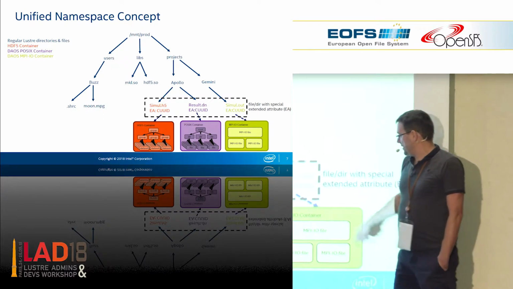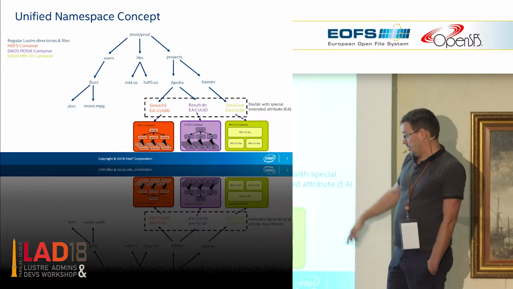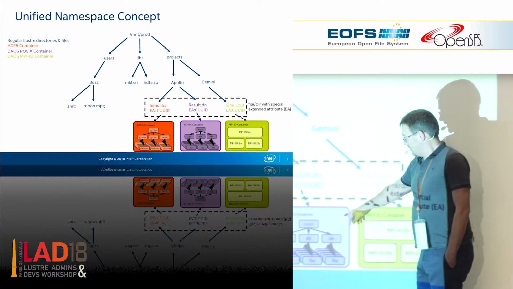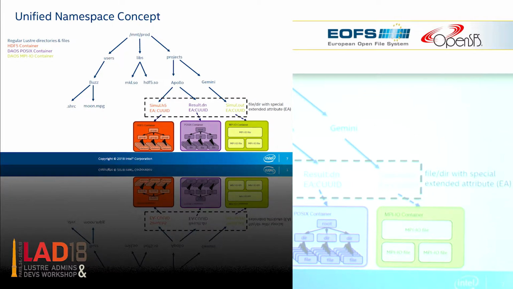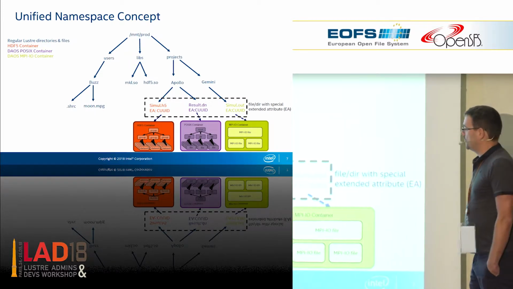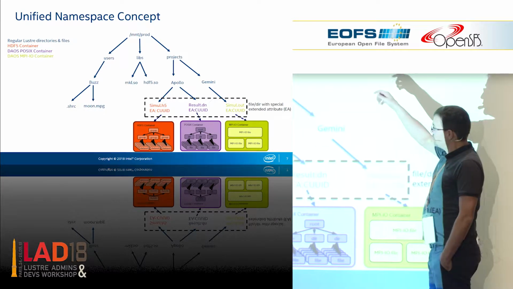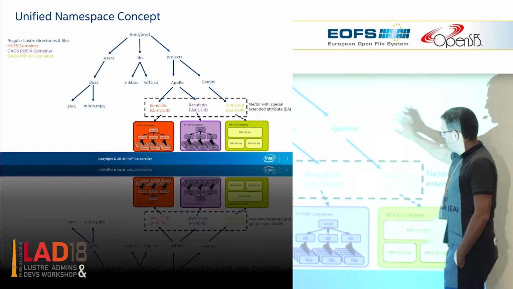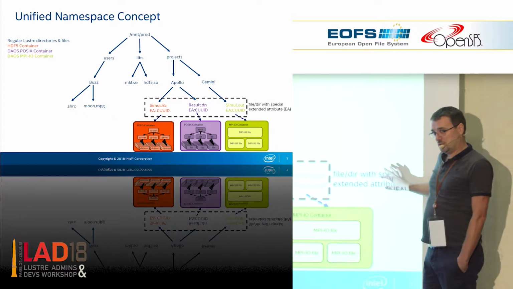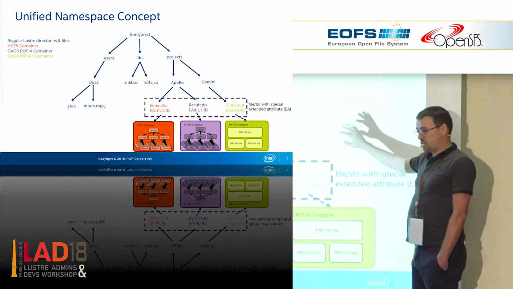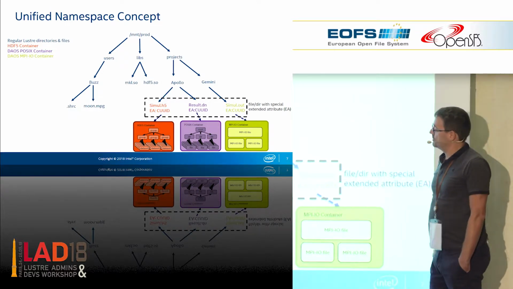So here you have an example of an MPI-IO container, another one with a POSIX container, and another one with an HDF5 file, effectively. So from the user perspective, the goal is that it can have Lustre files sitting next to the host container in the same namespace, and it can transparently access one or the other.